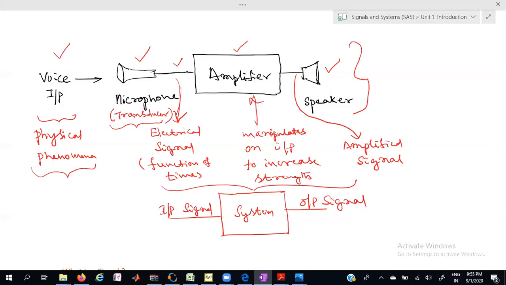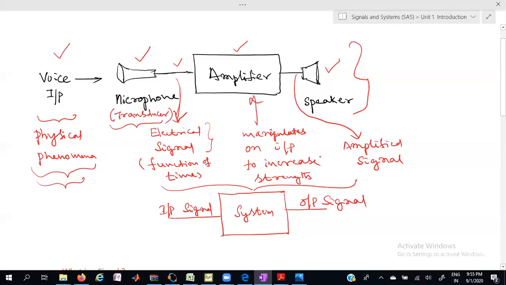So what you notice here is a physical phenomenon which is converted into an equivalent electrical signal, and this electrical signal will be a function of time. As the time changes, the magnitude of this electrical signal changes. And what the amplifier is doing is manipulating the input signal and increasing its strength.